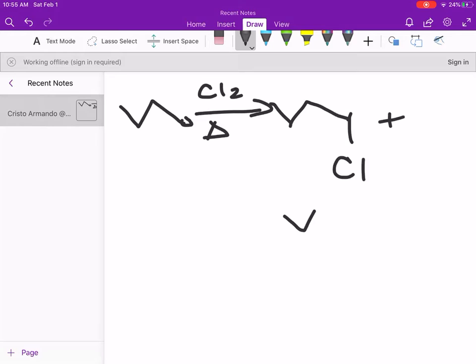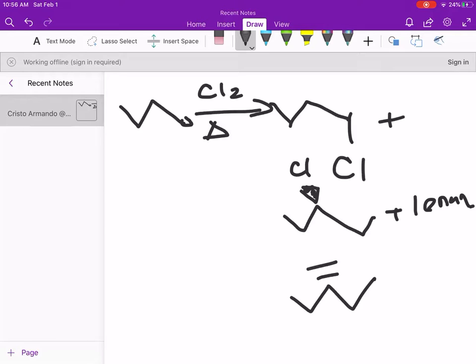Second one is going to look like this. At this carbon right here. And then this is going to have one enantiomer, right? And that's the other product. The enantiomer is going to look something like this.